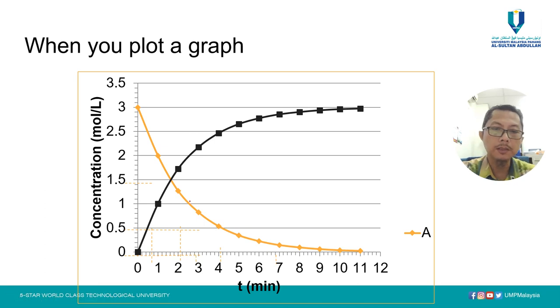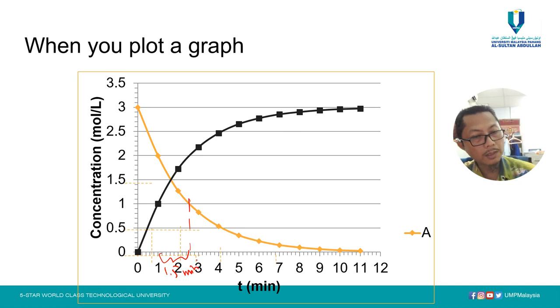As you can see here, this is 1. So the time taken to achieve 1 mole of A is about 1.5 minutes. So it's no longer 1 minute. This is an example of a reaction, A to B.